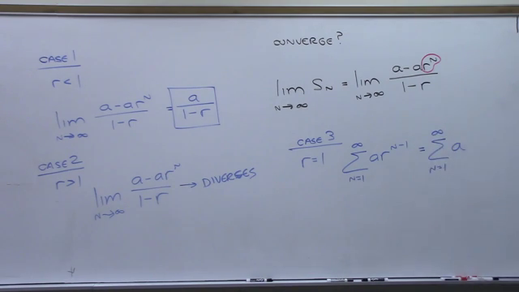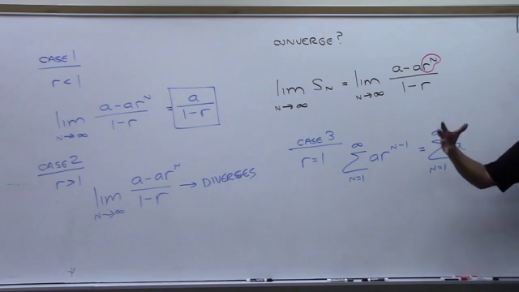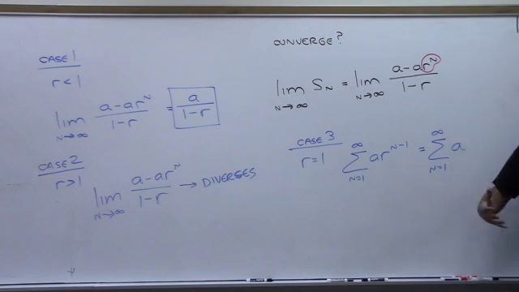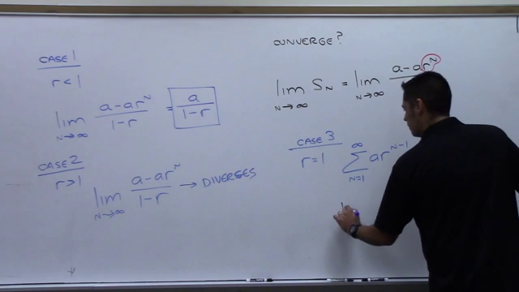It's just a plus a plus a plus a plus a plus a plus a forever, and that's going to diverge. 2 plus 2 plus 2 plus 2. It doesn't matter what a is. 3 plus 3 plus 3. Negative 5 plus negative 5 plus negative 5 plus negative 5. That's going to grow without bound. It's going to be either infinite or negative infinity, but it's going to diverge. It's not going to go to a number, right? Diverge.